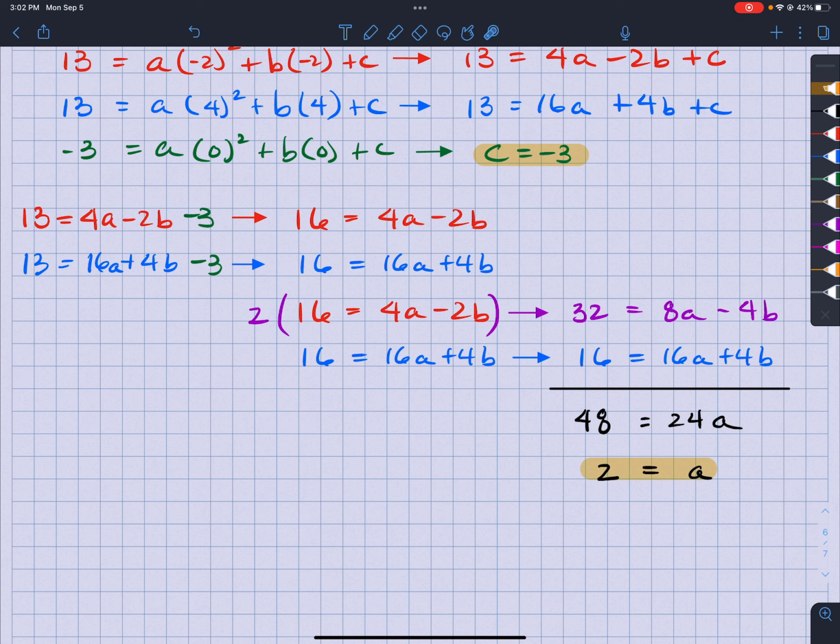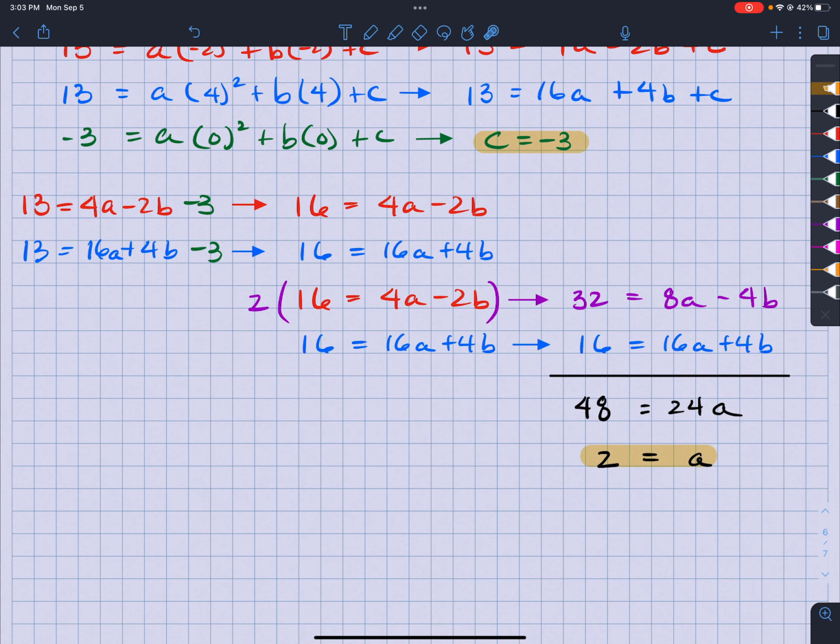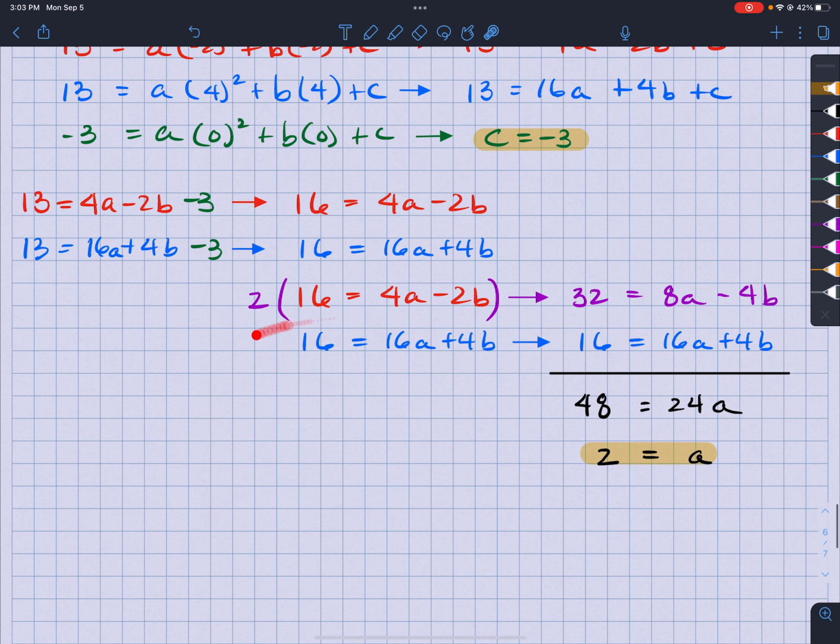Yes, you can definitely take this a and plug it back into here, or you can take the a and c and plug it back into one of these original ones if you want to. Let's go ahead and plug it into this equation right here. Oh, the a is over here, so let's go ahead and plug it into that.